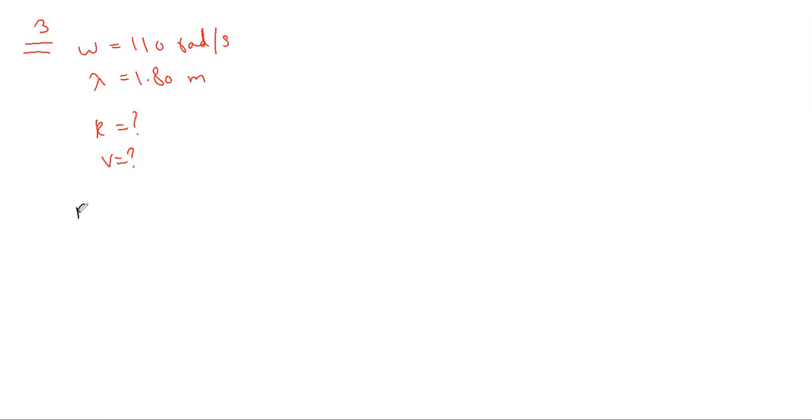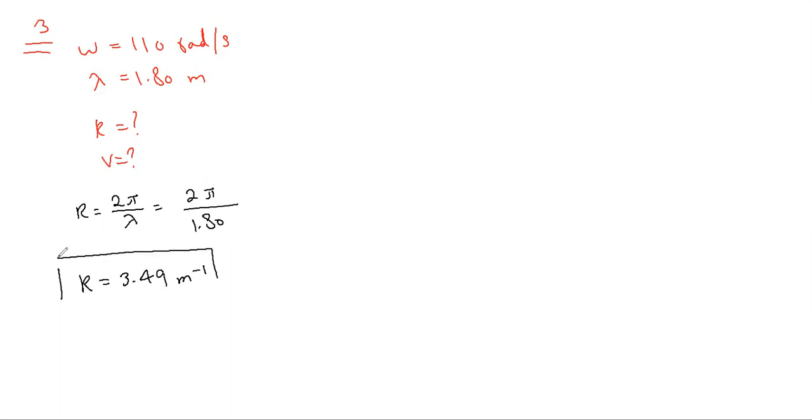So k equals 2 pi by lambda, 2 pi over 1.80. This number turns out to be 3.49 per meter. And v can be figured out using the formula v equals f lambda, and f is equal to omega over 2 pi, and this is lambda.